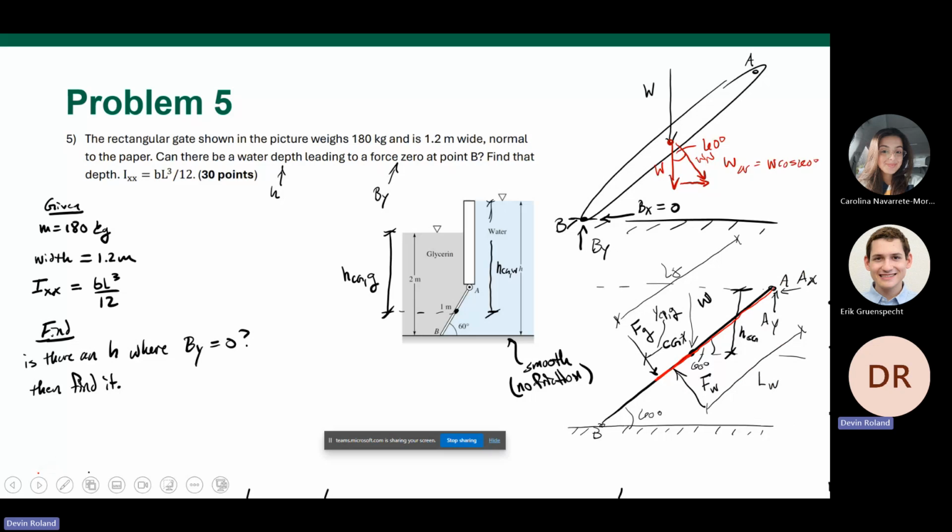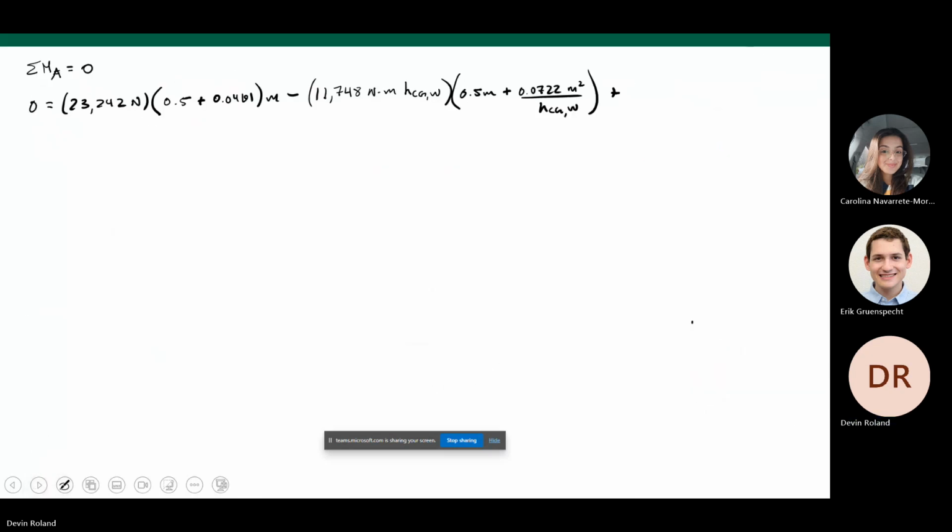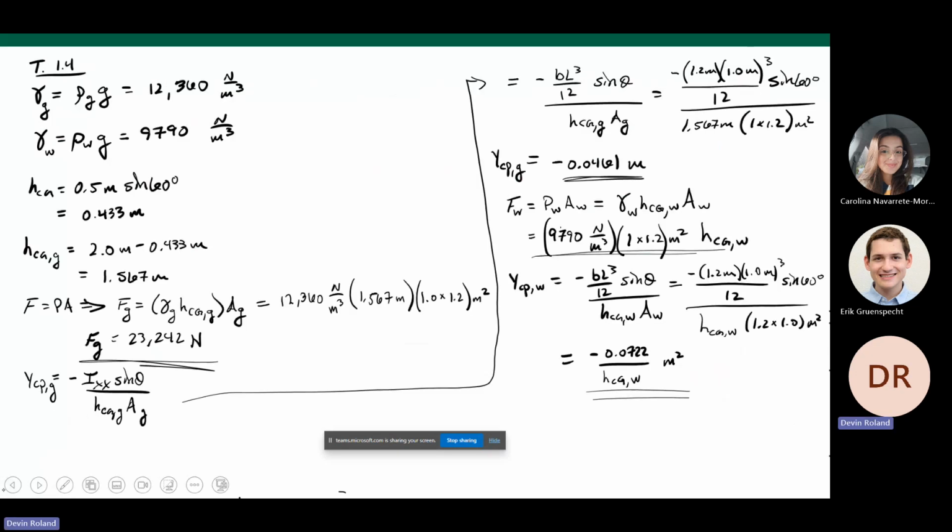And then the moment arm here, this distance, is 0.5 meters. So this would be the weight times cosine 60 degrees times 0.5 meters, and the weight value is going to be, I believe it was 180 kilograms times gravity.